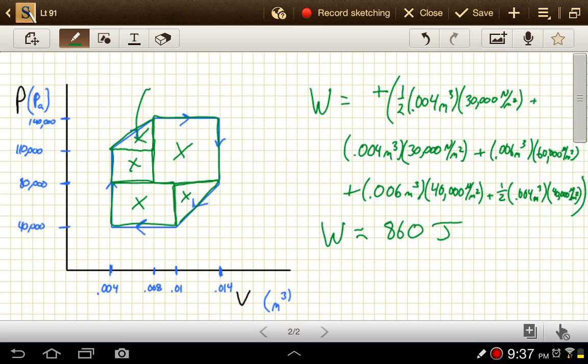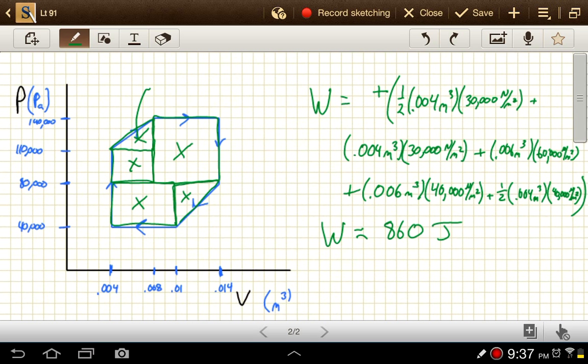Now, I didn't worry about the parts of the shape down here, the negative work done there, because I would also be doing the positive work in this direction. So the positive and the negative for that section just cancel out. So we don't only worry about the area inside these curves.